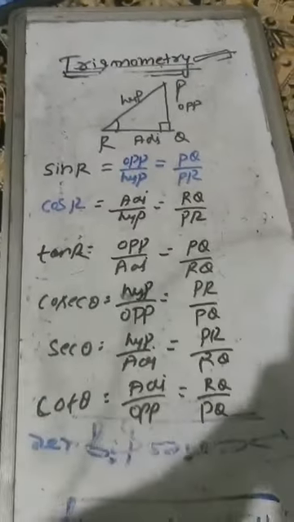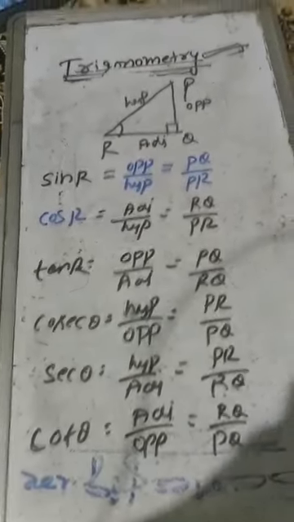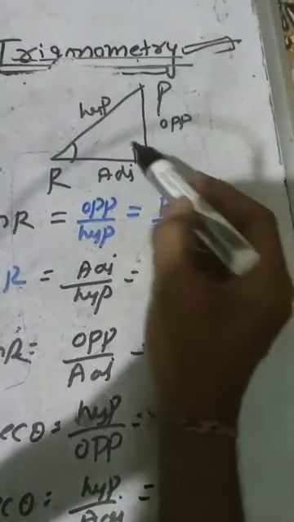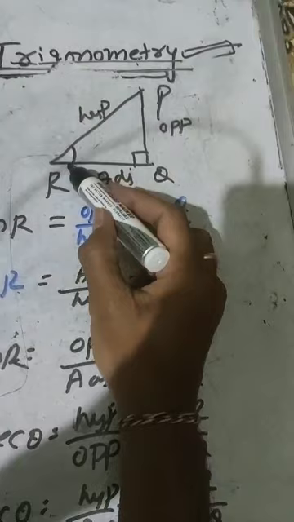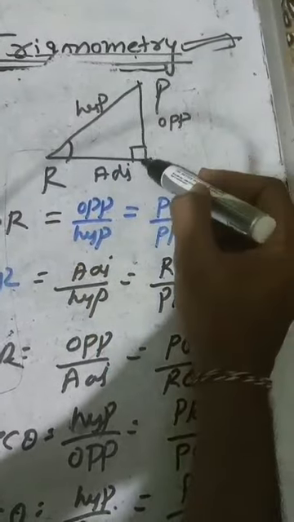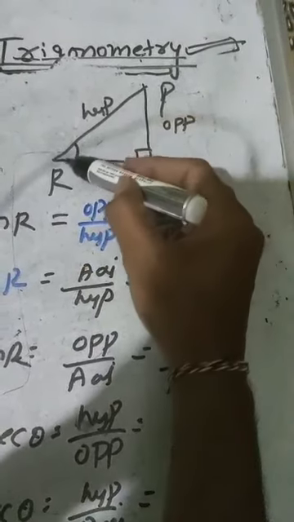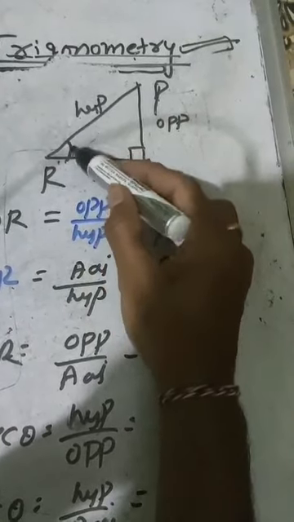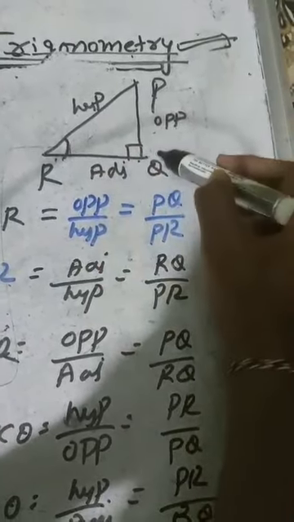Let us discuss the 6 trigonometric ratios again using the triangle PQR. Here the marked angle is R, the right angle is Q, and the hypotenuse is PR. The side opposite to the marked angle is PQ, the opposite.